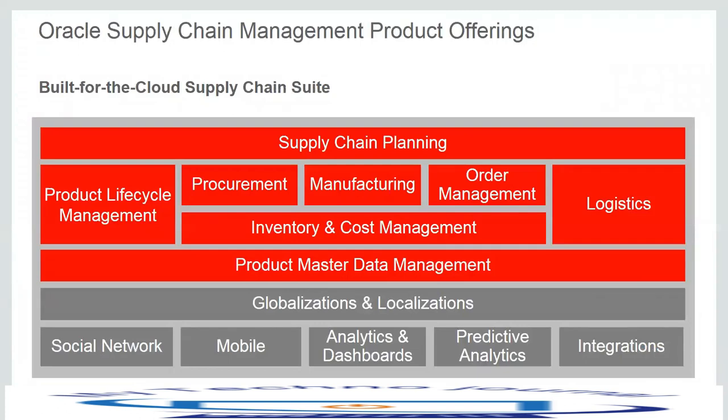So this diagram depicts Oracle supply chain management and manufacturing product offerings. As you could see, it includes product master data management, product lifecycle management, that is PLM, order management, logistics and transportation, procurement, inventory and costing, value chain planning, and manufacturing applications.